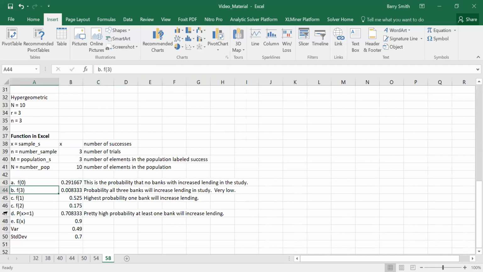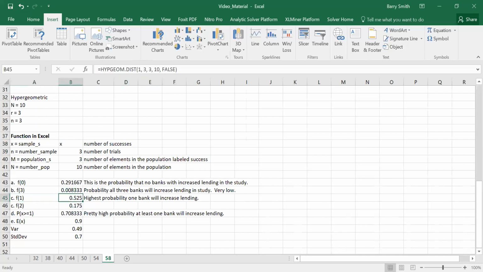All right, then the next one is asking what is f of 3? Well, if we plug in 3 instead of 0, the first one was 0, we get 0.008. So this is the probability that all 3 banks will increase lending in the study. That's very low. With no banks increasing their lending, that was 0.3. This is 0.008. What about 1 bank?